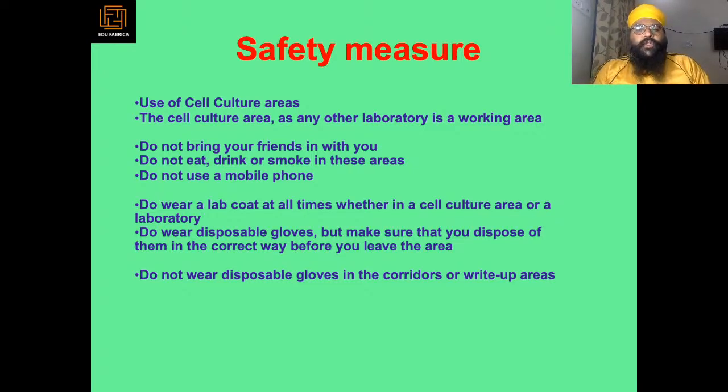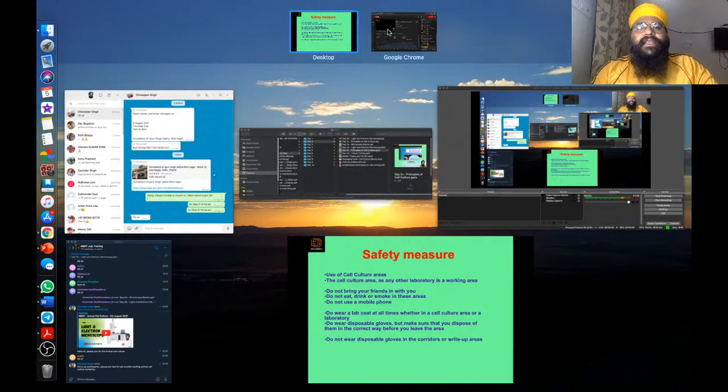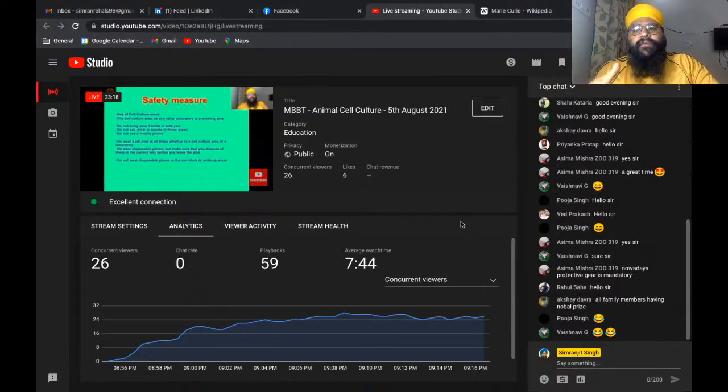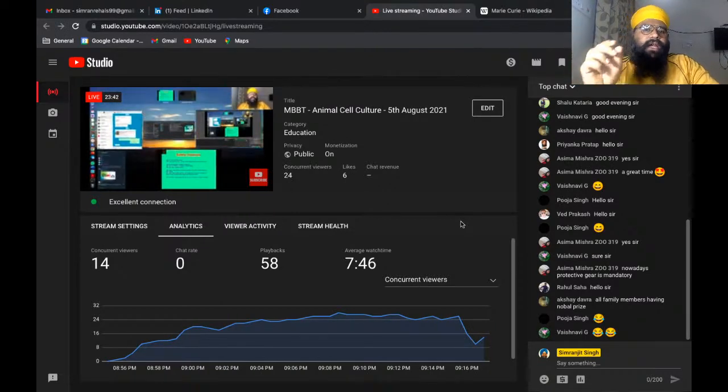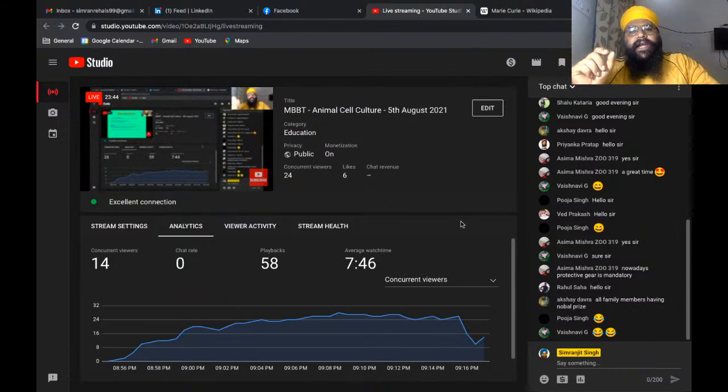And do not wear disposable gloves in the corridor or writing-up areas, because I was actually doing these things. Once I was done with my cell culture, I came from the lab still wearing the same gloves, holding the pen and writing in my lab book. I did that, and then my lab book was also contaminated.